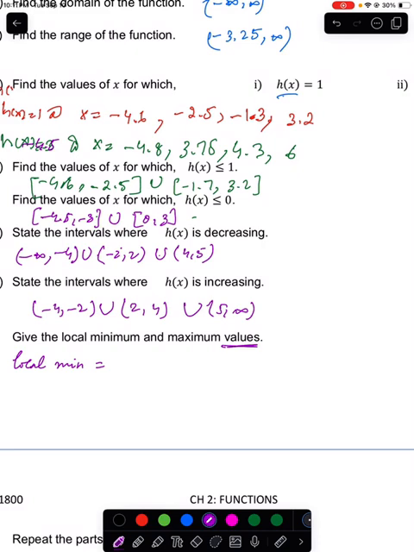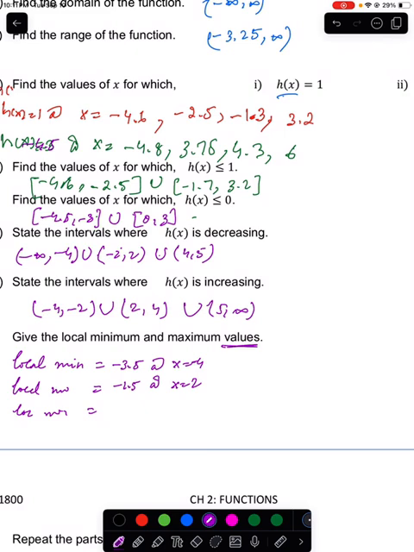Then the next local min is occurring at 2, and the value is -1.5, so -1.5 at x is equal to 2. And then we have another local min at 5, where the value is 1.5 at x is equal to 5.